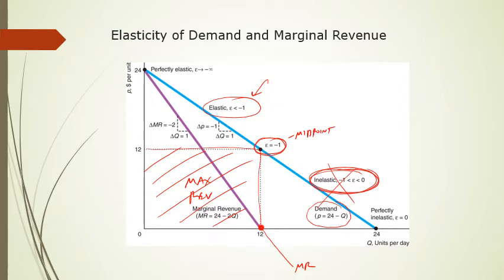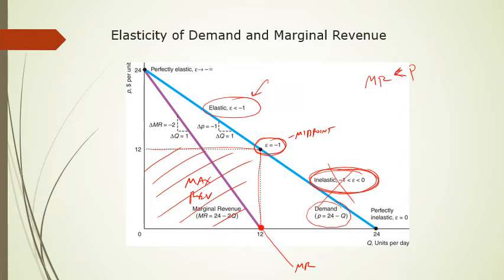Marginal revenue starts at the same intercept and then is twice as steep, because for every unit we sell, we have an opportunity cost loss box that's getting bigger and bigger. And so that means the marginal revenue is always less than the price.